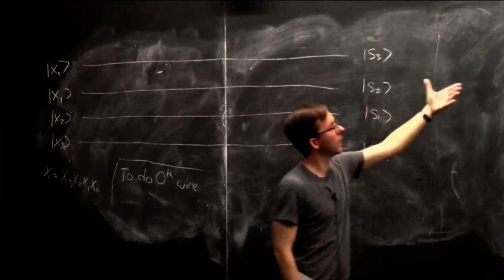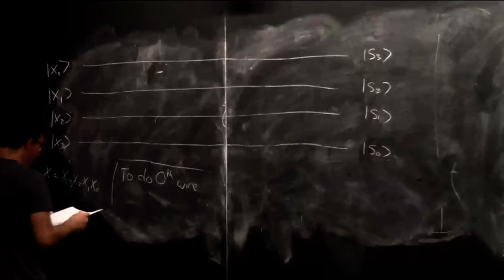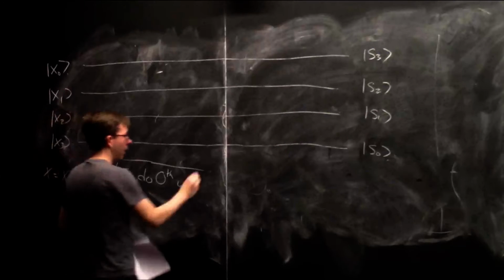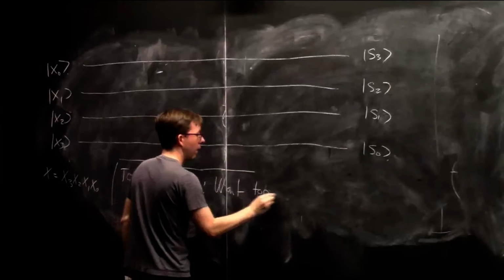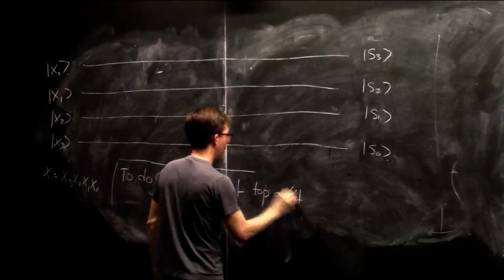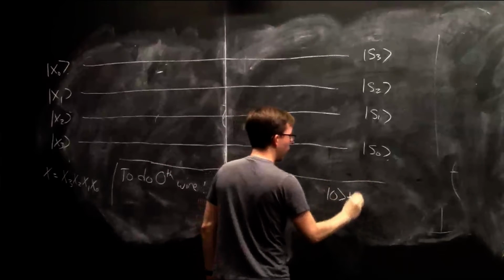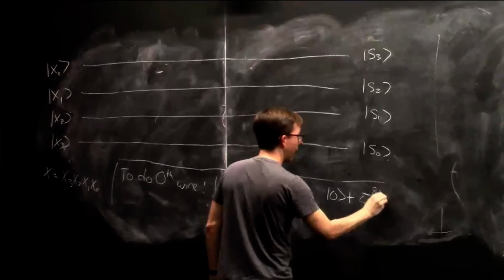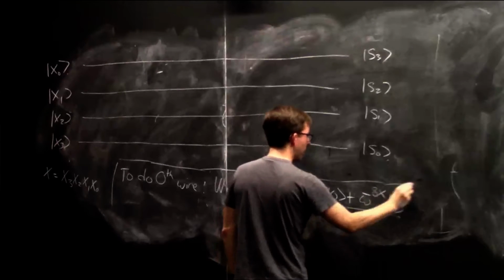OK, so first one, we're trying to get the top qubit into this state. OK, and as I said, we want the top qubit to look like, well, it's up there. 0 plus omega bar to the 8x 1 over root 2, this state.